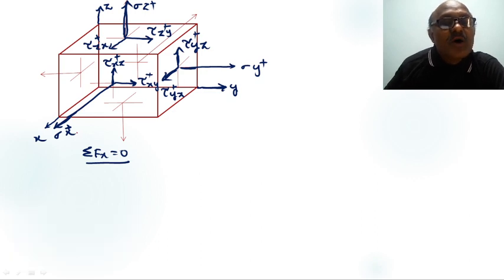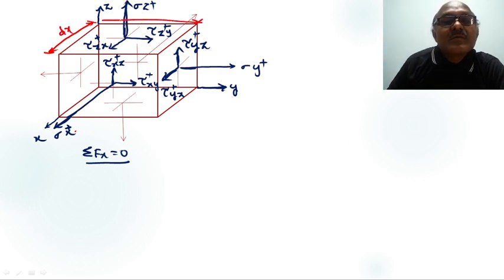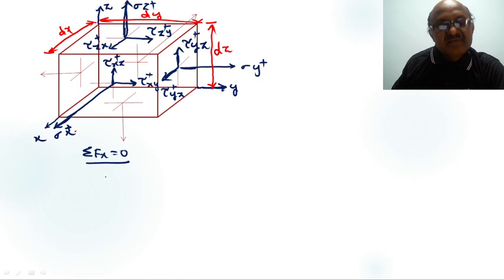So the x direction forces are, here is sigma x; the width of the elemental volume is dx, the length of the elemental volume is dy, and the height of the elemental volume is dz. Yes. What are the forces in x-axis direction? A stress into this surface area is called force. This is x-axis direction, this is also x-axis direction, this is also x-axis direction.